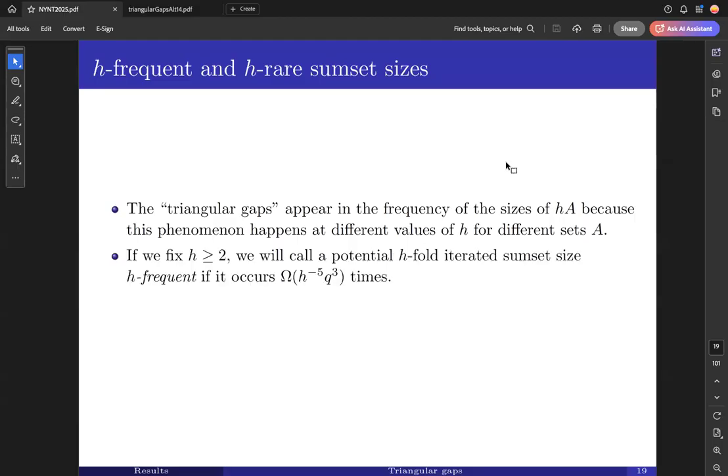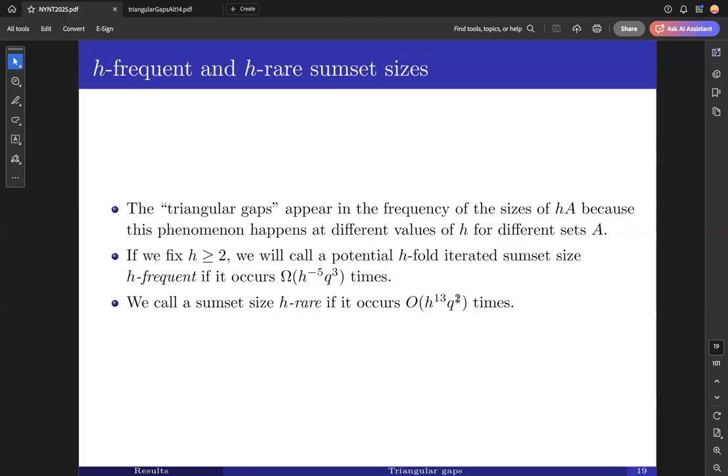Now, if I fix an H greater than or equal to 2, I'll call this potential H-fold iterated sumset size H frequent if it occurs omega of Q cubed times, or H rare if it occurs big O of Q squared times. I think in the draft I sent you, I actually accidentally put H cubed, Q cubed here, which was a typo.